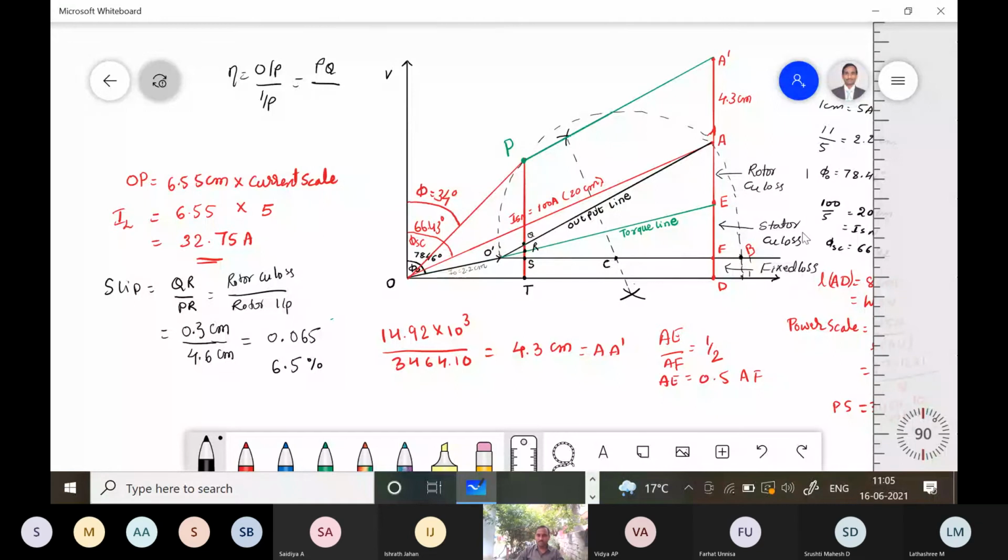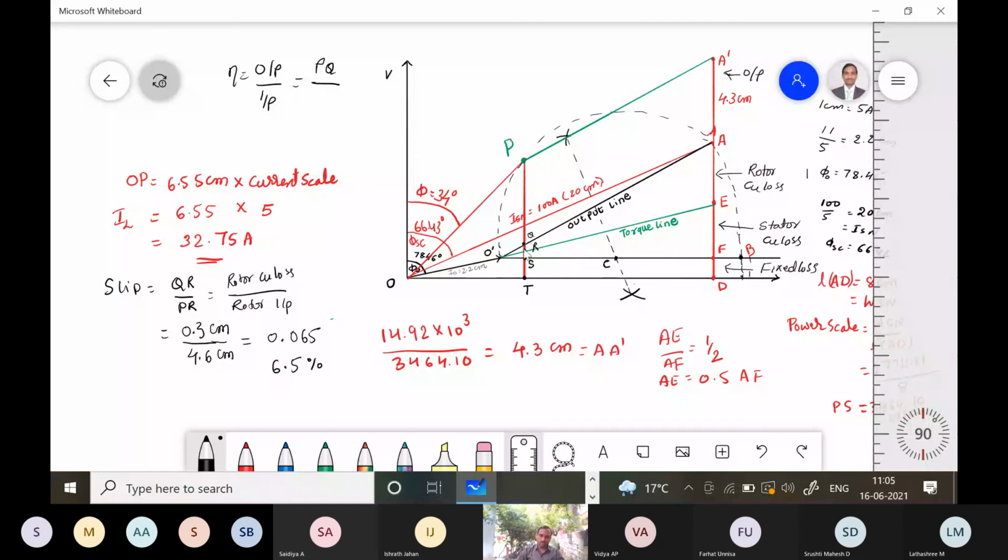So all the losses, up to here there are losses. From here in the upward direction, that is the output. Here to here is the output, because above the output line, this parallelogram is the output.